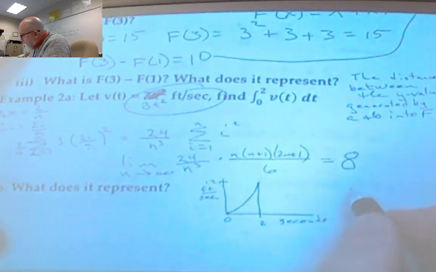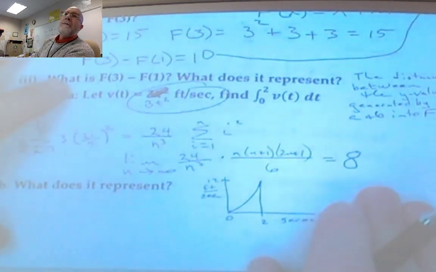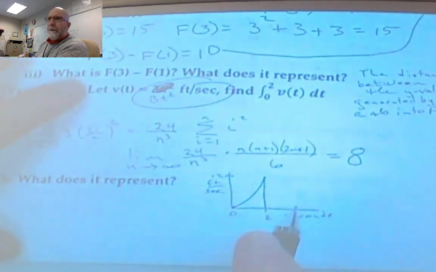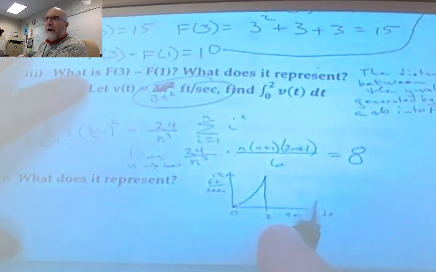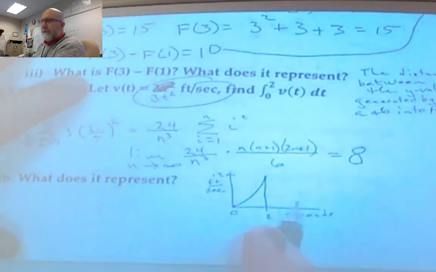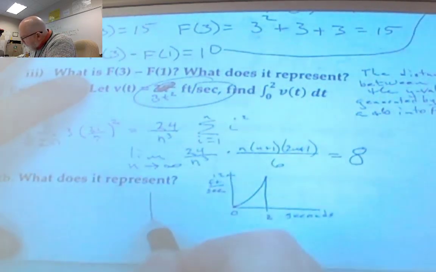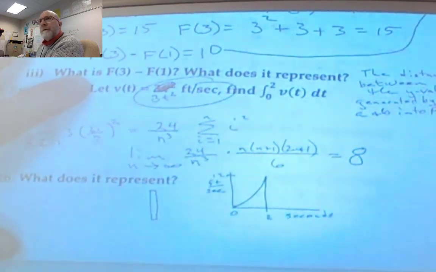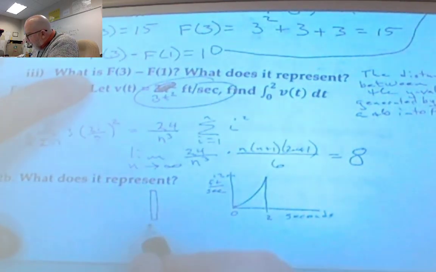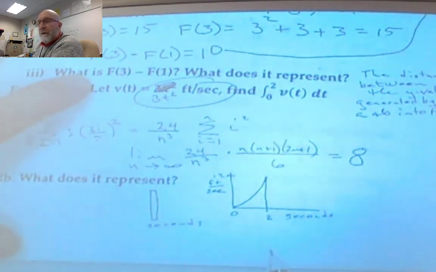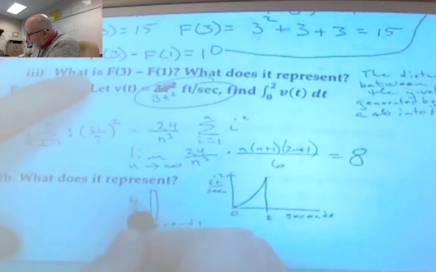So infinite number of rectangles, right, Gabby? I'm going to blow one up 40,000 times its real size. There it is right here. It's seconds across, would you agree? And it's feet per second up.